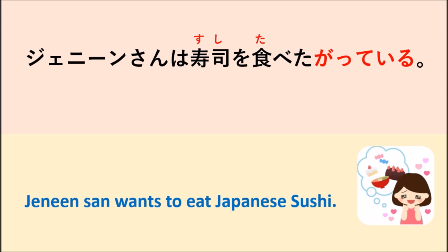So when you are talking with Mr. John, and Mr. John tells you that he really wants to go to Japan, you can tell your friend that Mr. John wants to go to Japan by saying John-san wa Nihon e ikitagatteru. This means Mr. John really wants to go to Japan.